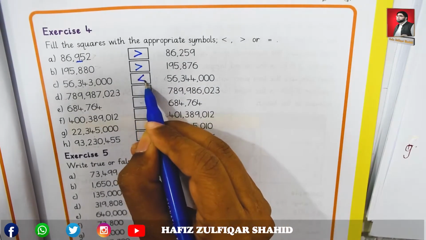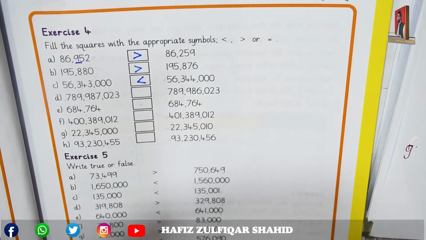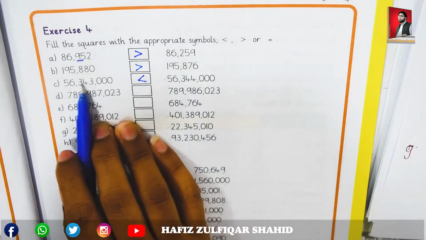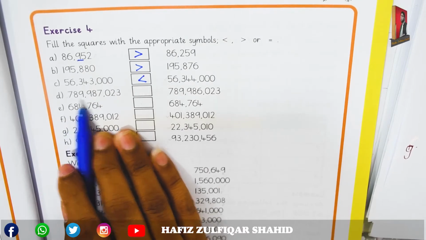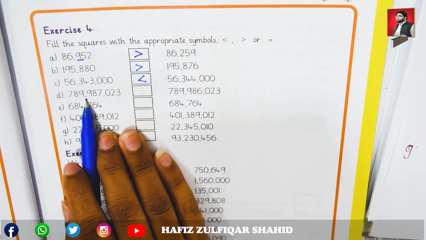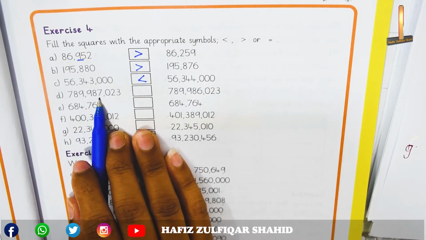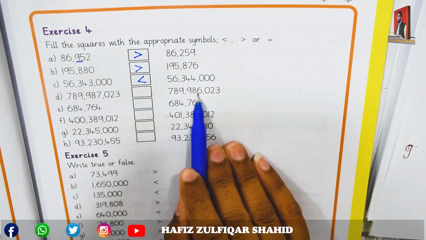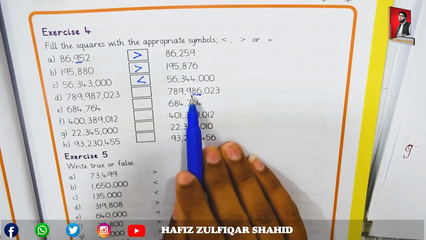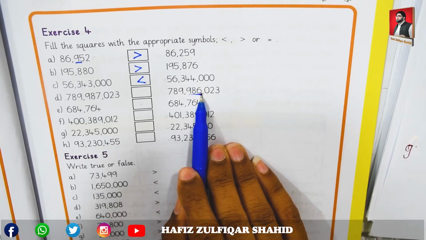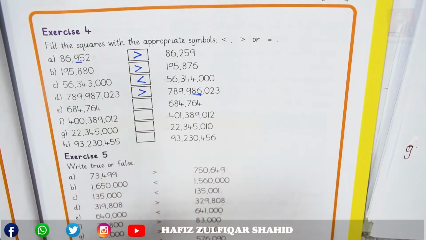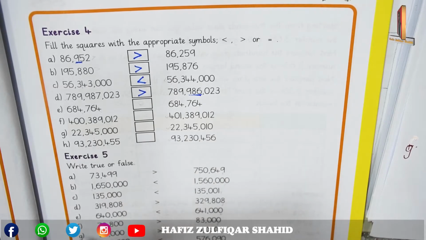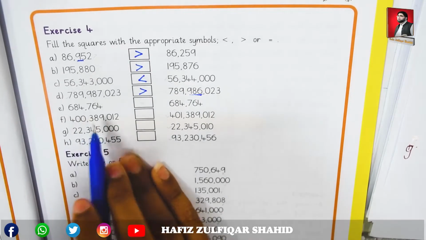It means we can say 344,000 is greater than 343,000. The next one is 789,987, and here you can see clearly we have 986,000. This shows that 87,000 is greater than 86,000.